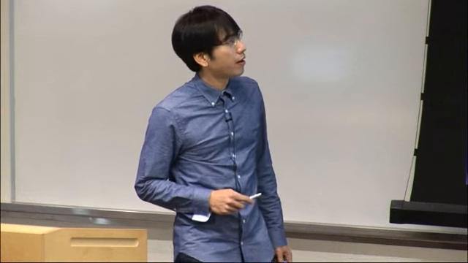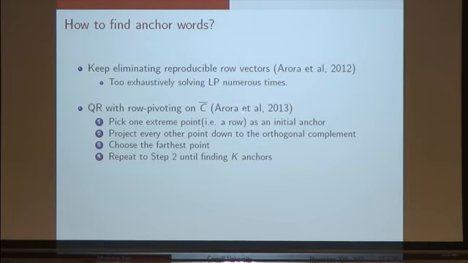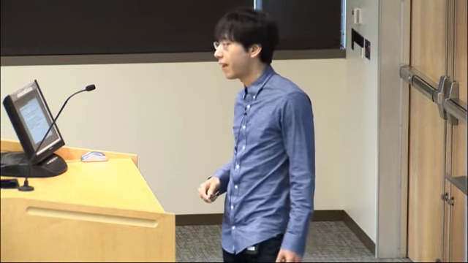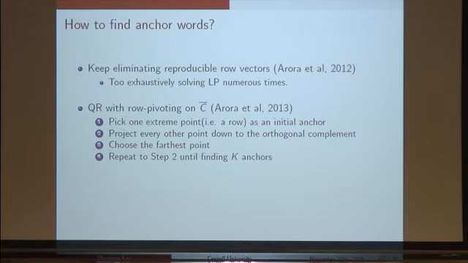Pick one extreme point in the row-normalized co-occurrence matrix as the initial anchor, project every other row down to the orthogonal complement of that vector, choose the farthest point, and repeat this process again and again until we find k anchors. Of course, these k anchors will never recover the rest of the rows perfectly, and what we are doing is just approximately finding the best k rows. This is a greedy method, so it's not even the best, but something we could do in a manageable fashion.